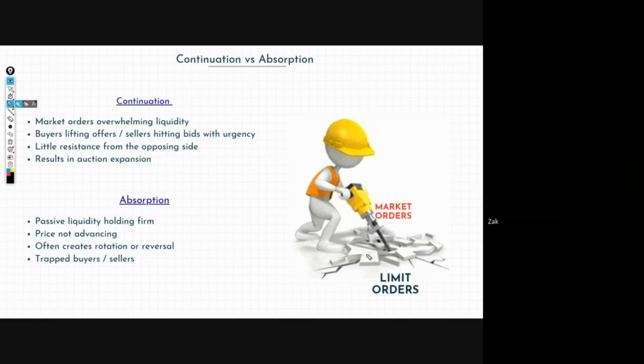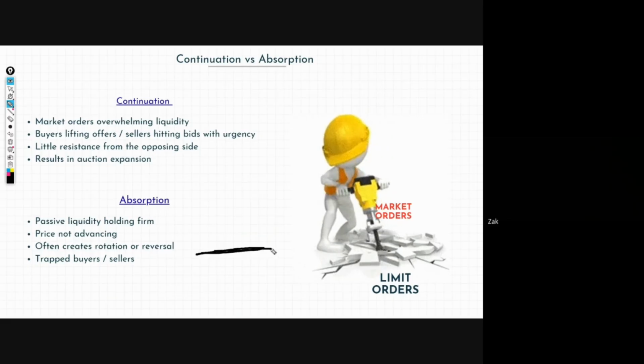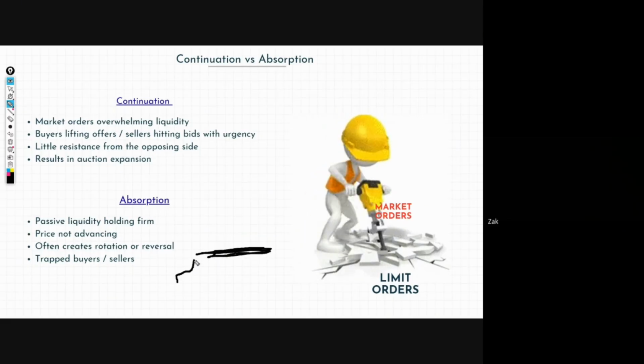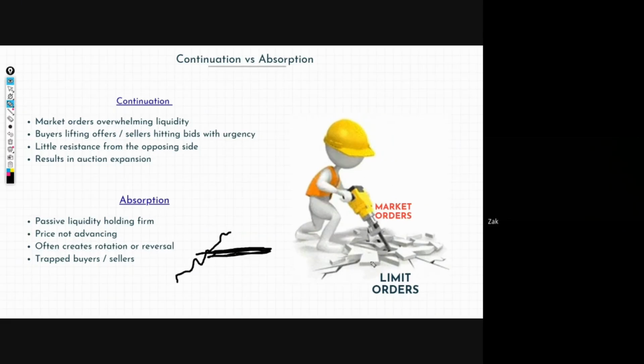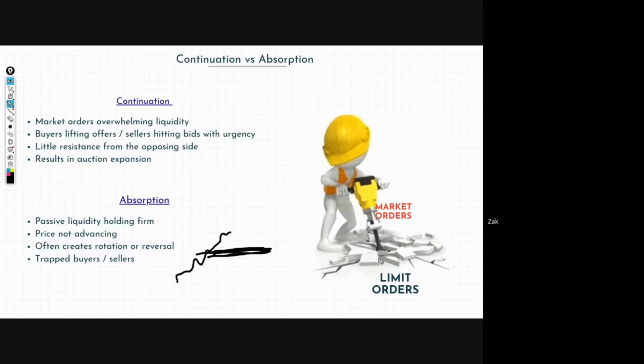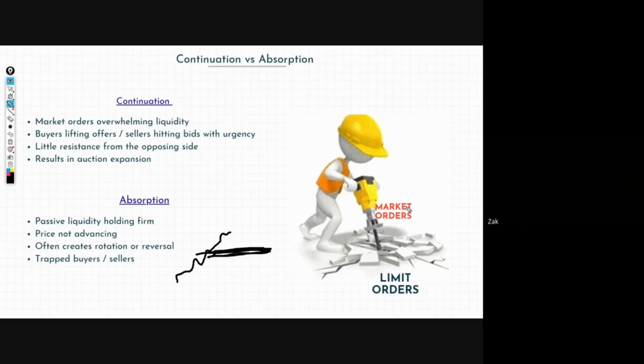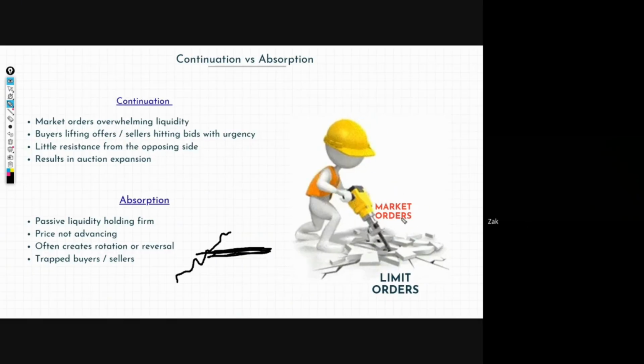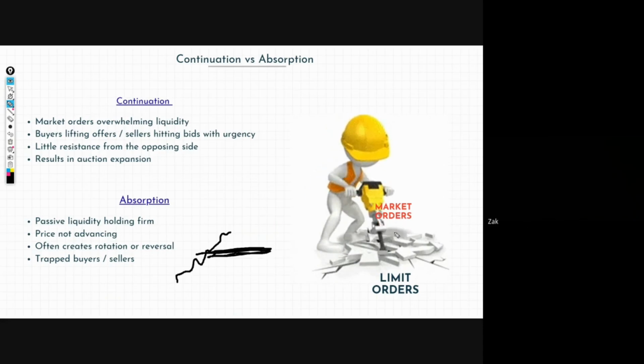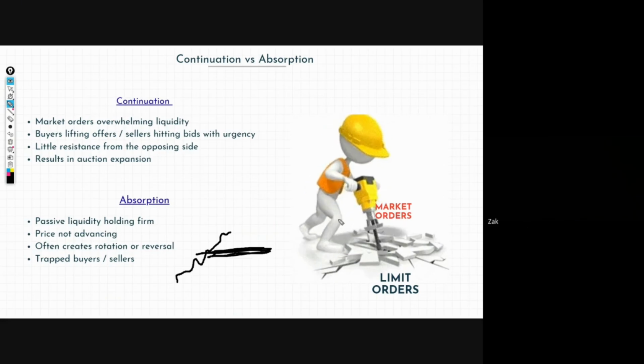Passive liquidity, like what we were talking about in Bookmap, as you're breaking out, you want to think of that as a ceiling or a floor, concrete. And then you want to imagine the market liquidity, the aggressive participants, as a jackhammer.